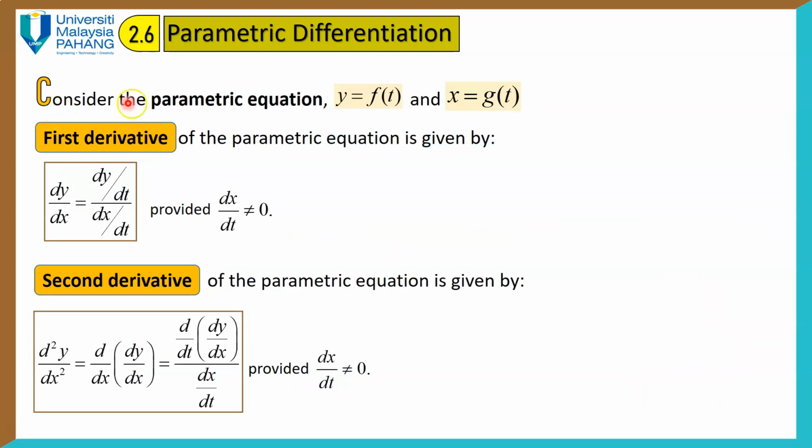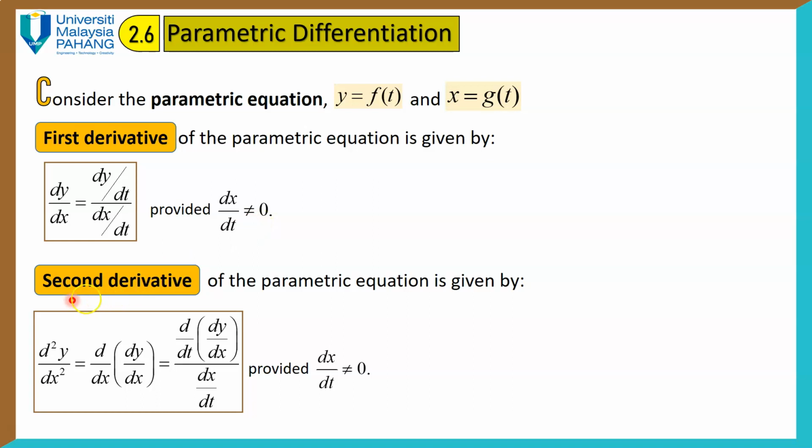Consider the parametric equations y equal to f(t) and x equal to g(t). How do we find the first derivative? We can use this formula: dy/dx is equal to dy/dt divided by dx/dt, provided that dx/dt is not equal to 0.